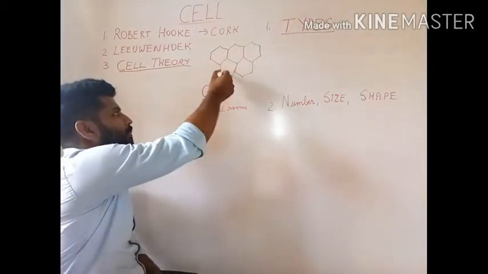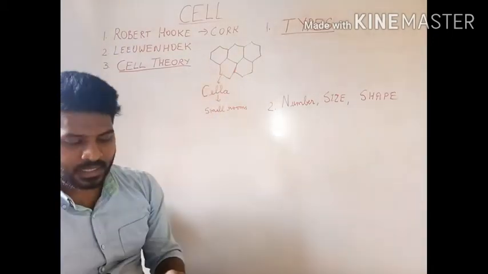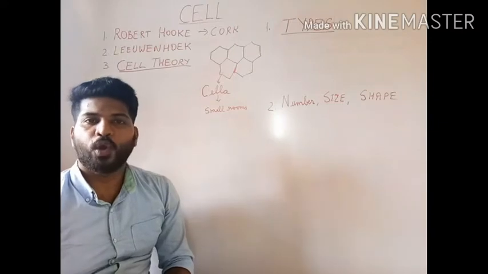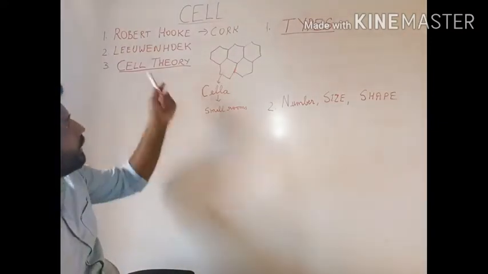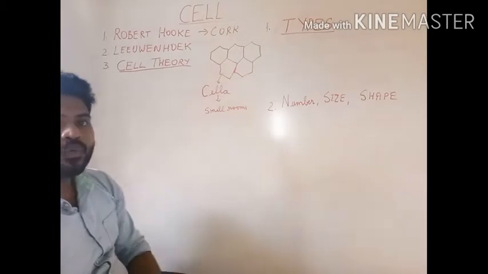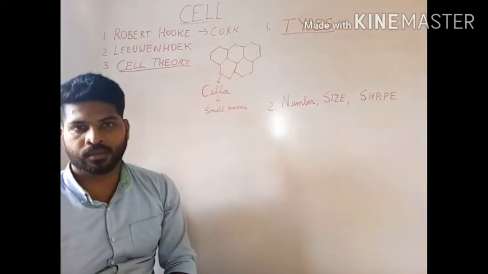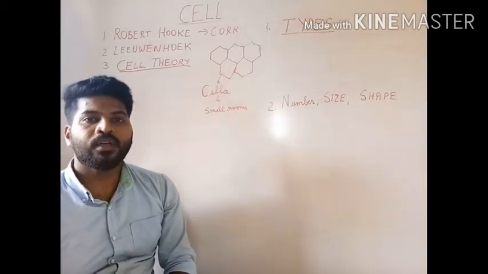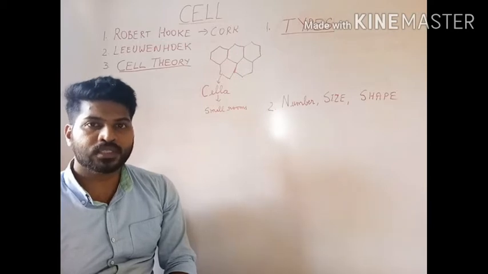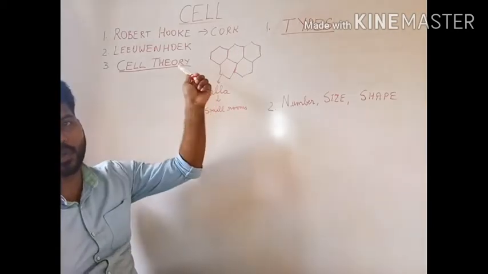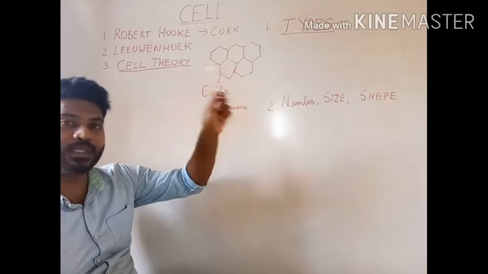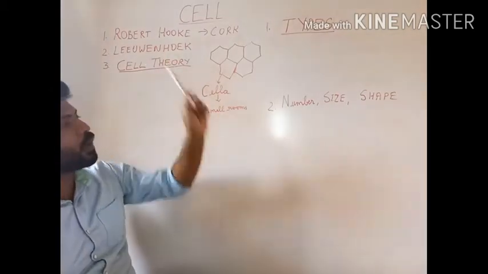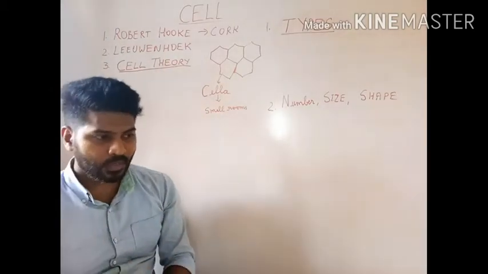He decided to call them cells. Cells means small rooms. Later, Anton von Leeuwenhoek observed a live cell for the first time. Robert Hooke was the first to observe a cell. It was a dead cell. A live cell was observed by Leeuwenhoek.